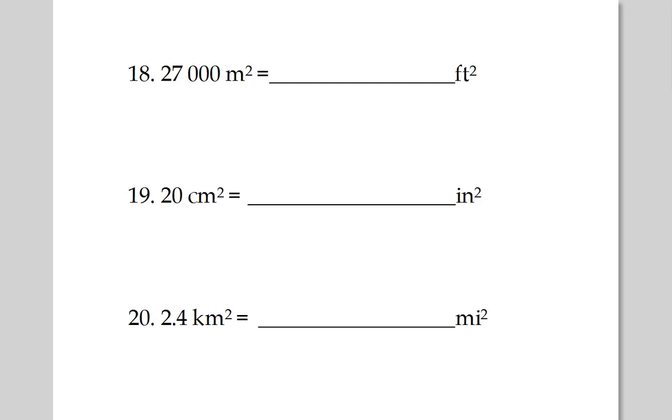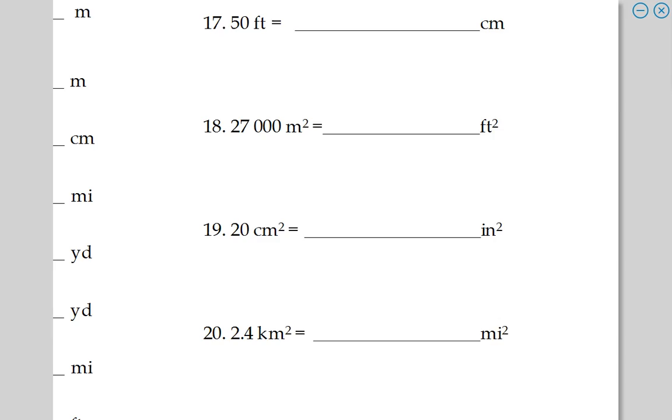So let me just pull up my chart. And what's the relationship between meter and feet? So from my chart, I know that 1 meter is 3.2808 feet. I just stole that from my chart.